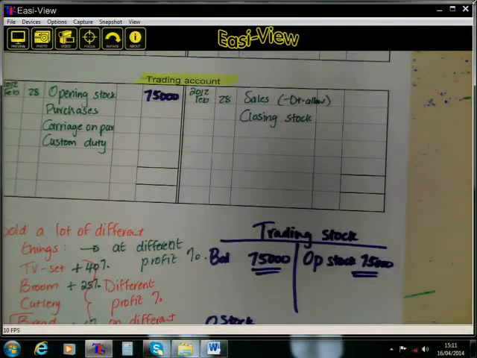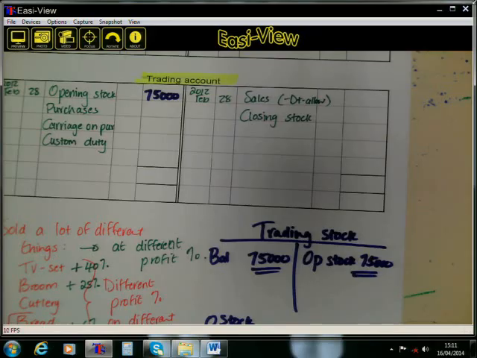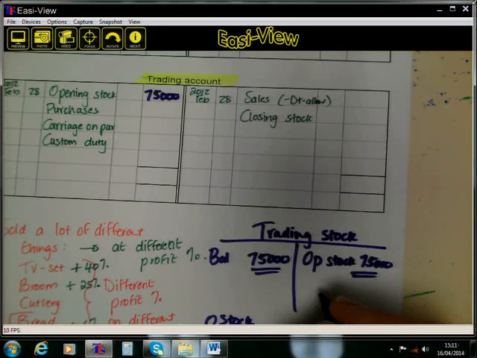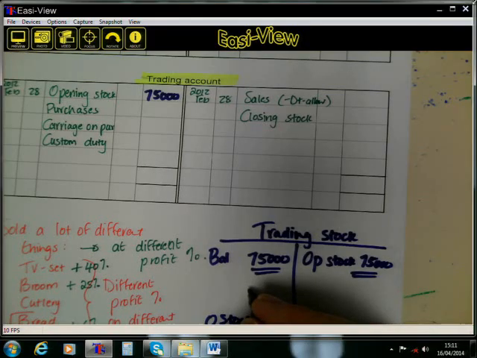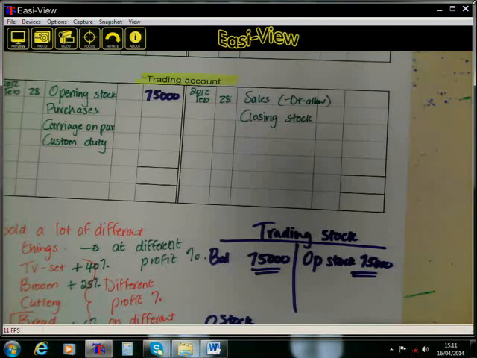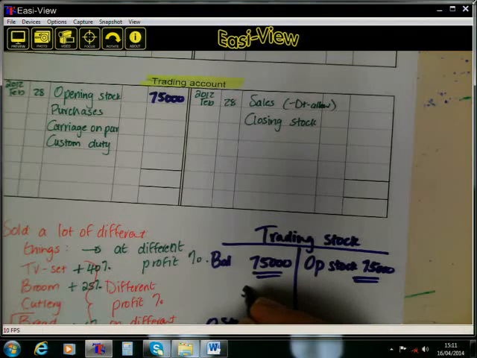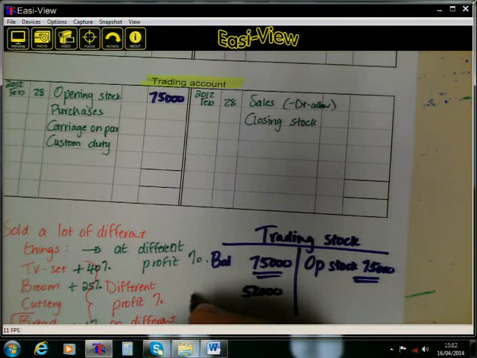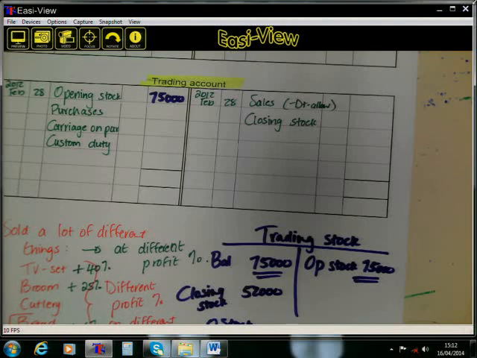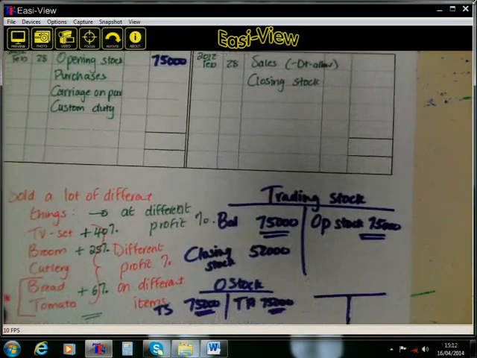And now the count they do, remember that was according to a physical stock taking. At the end of the year, they're also going to do a physical stock taking, and that will be 52,000. You put it there, they count 52,000, you call it closing stock, and the closing stock for this year is the opening stock for next year.